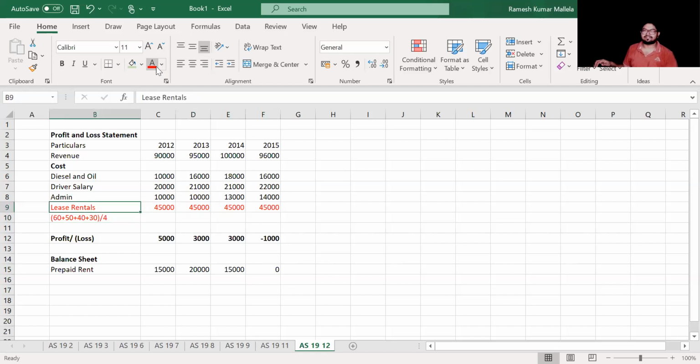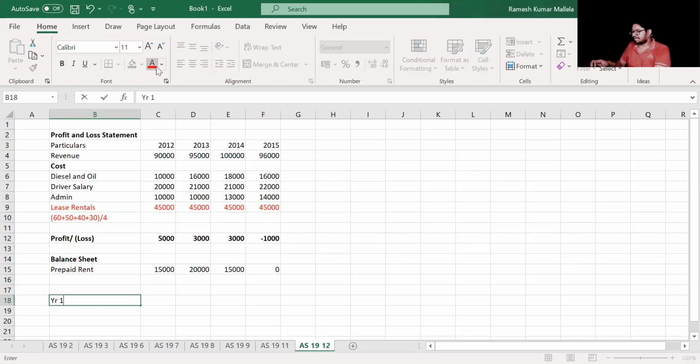Accounting entries you want. Okay, fine. I'll write the entry, please see. So year 1 entry would be like this. Lease rental account debit 45,000.